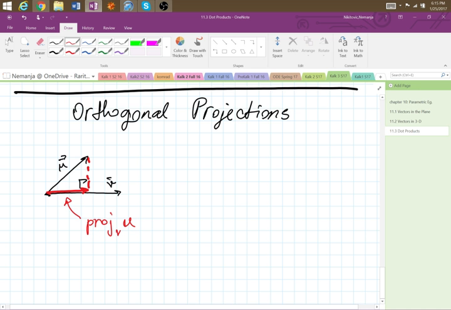So what is the projection equal to? What do we get? We actually get u dot v over v dot v, everything times v. The bottom is the v squared, it's v dot v.